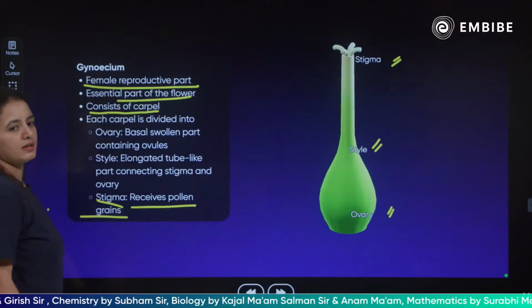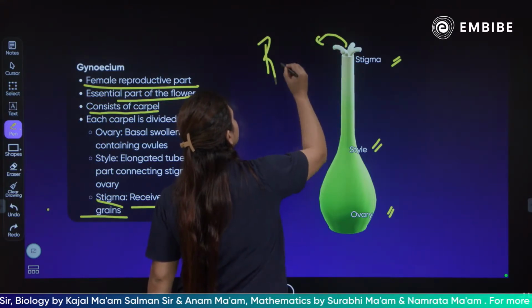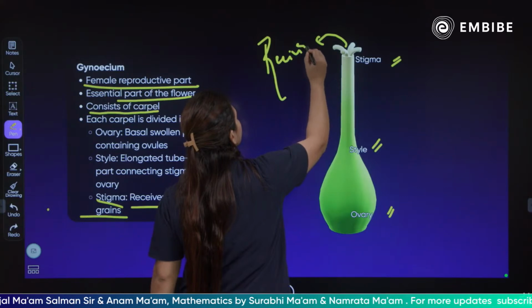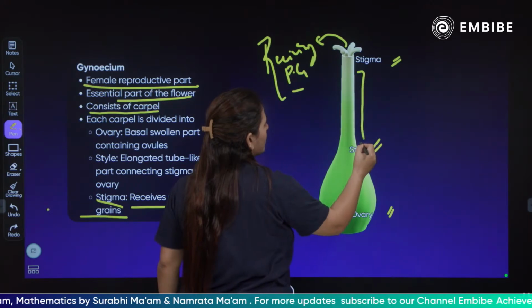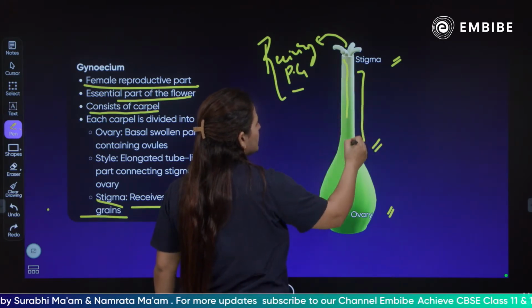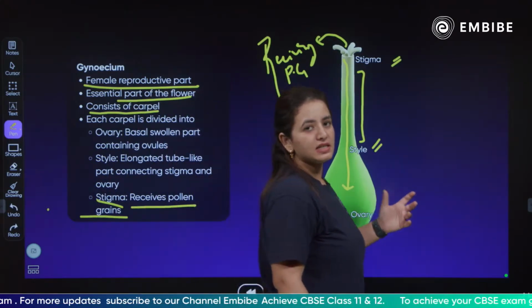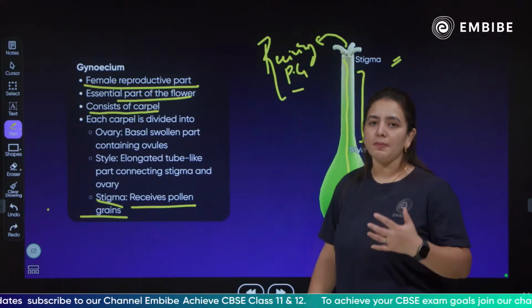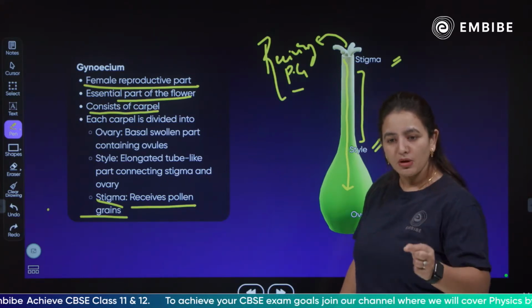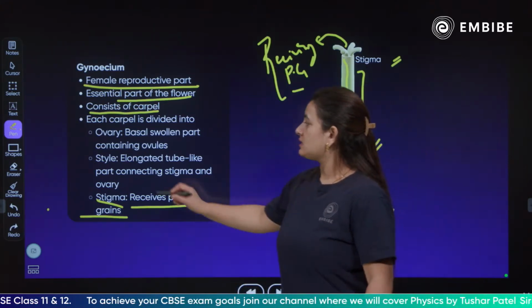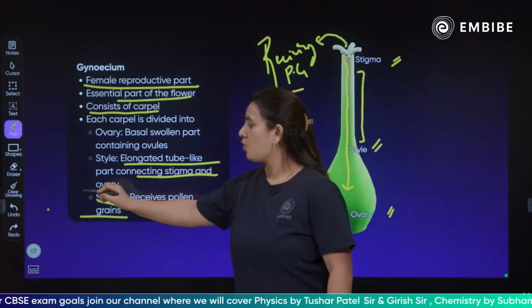It receives the pollen grain. This part, which is a pipe-like structure, through the pollen tube formation takes the pollen to the ovary. After the pollen is received on the platform called stigma, the style takes the pollen grain towards the ovary. The style is an elongated tube-like part connecting stigma and the ovary.